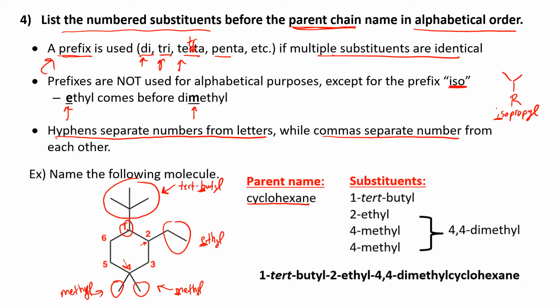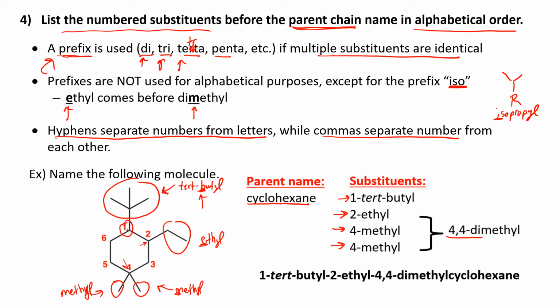So that's why I chose to number the chain the way I did, because I needed to put number 1 on the substituent that wins alphabetically. All right, so now I've got my 1-tert-butyl, I've got my 2-ethyl, and I've got my 4,4-methyl.